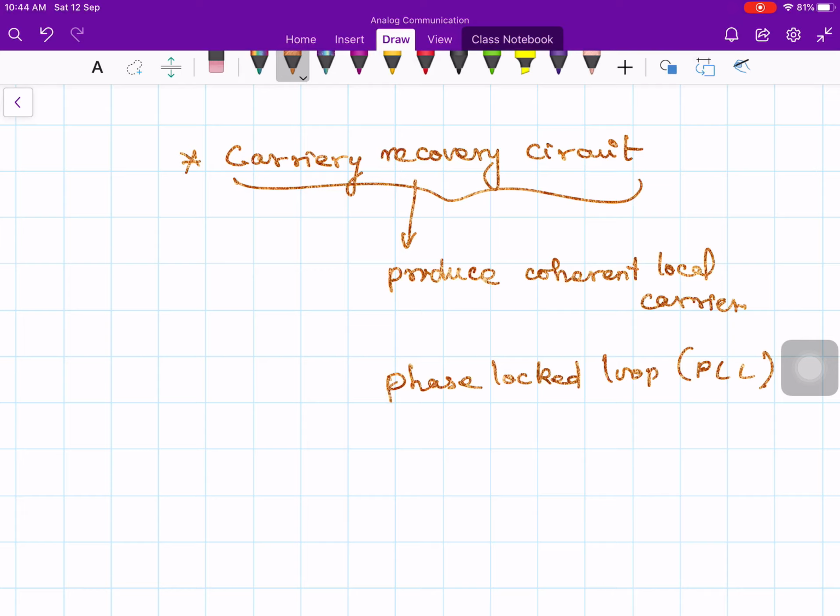But if you do that, there are certain advantages as well as certain disadvantages that we will see one by one. Like double sideband with suppressed carrier modulation, we need to carry out synchronous demodulation, which has this complication like a phase locked loop.